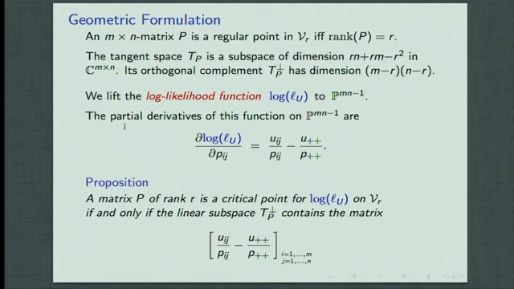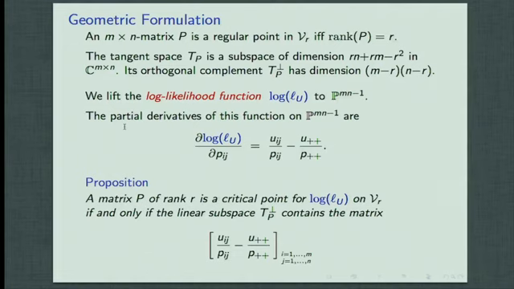Now we're going to look at the likelihood function. Actually, we're going to look at the log likelihood function, because we have this monomial with large exponents. It's more convenient to look at the logarithm. So we look at u11 times log p11 plus u12 times log p12 and so on. Then we can look at the partial derivatives of this.